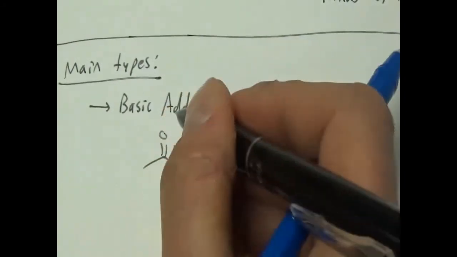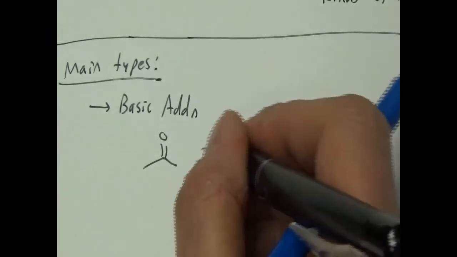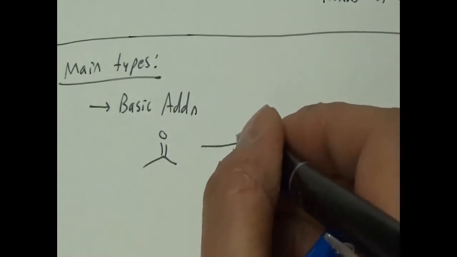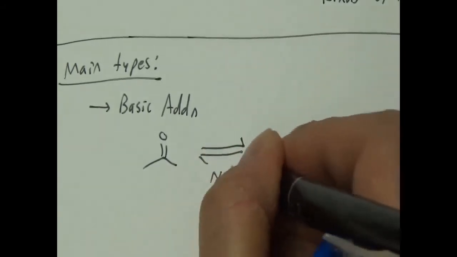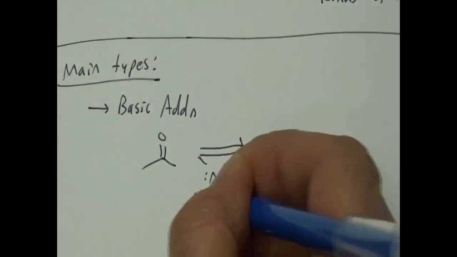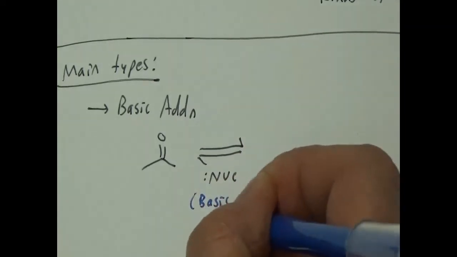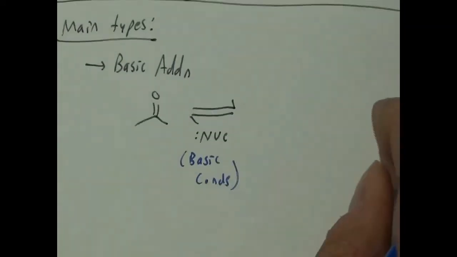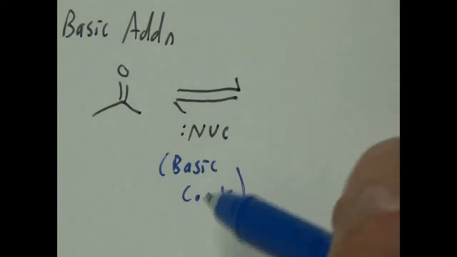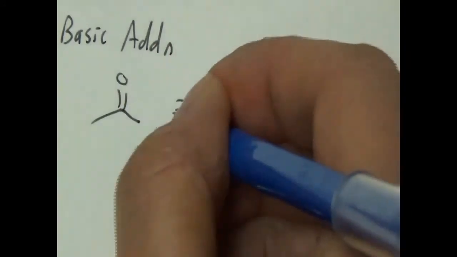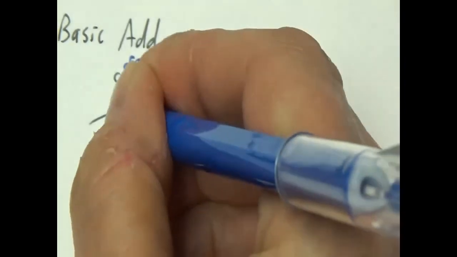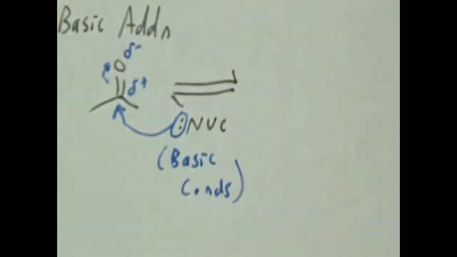So if we have a C double bond O, it can be reversible or irreversible, but we have some kind of nucleophile, basic conditions. So basic conditions, not acidic. By basic I mean non-acidic, right? The idea is that the nucleophile can just attack, because this is delta minus, this is delta plus, right? So yeah, the nucleophile can attack.